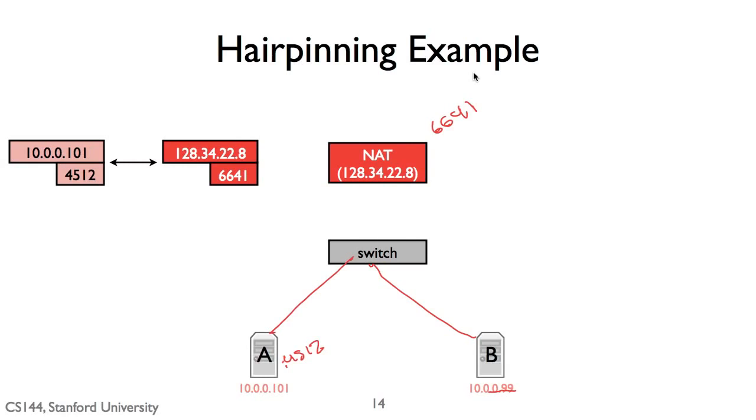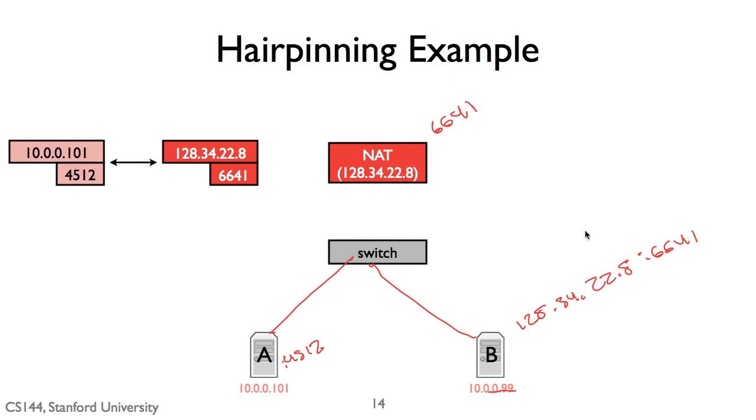So the question is, what happens when B tries to send traffic to 128.34.22.8 port 6641? The packet is going to arrive at the NAT, and the NAT is going to translate it, assuming that it is a full cone NAT.